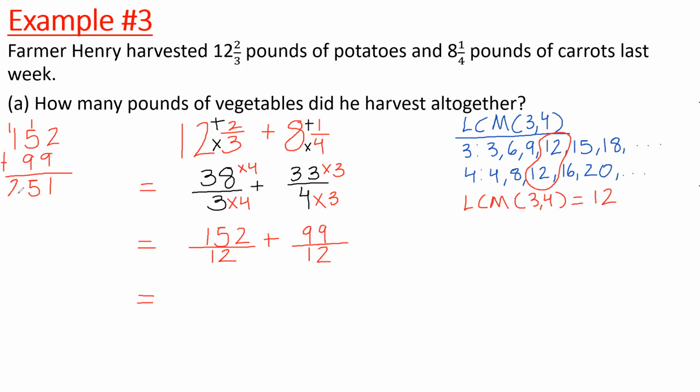So when we add 152 plus 99, what do we get? 251. And so you have 251 all over 12.